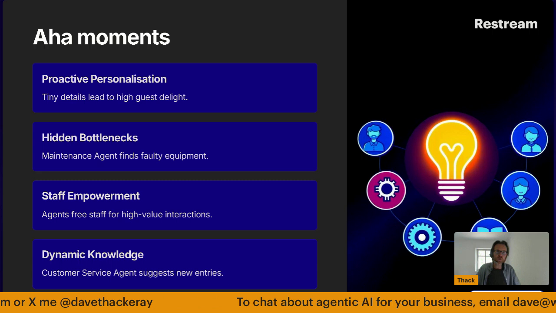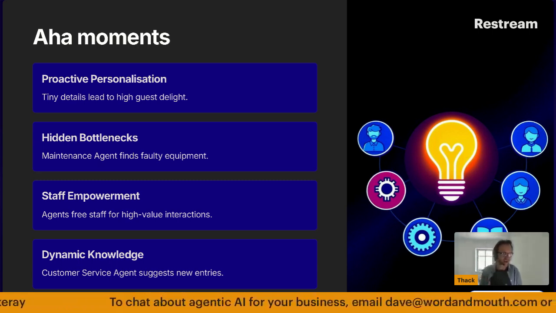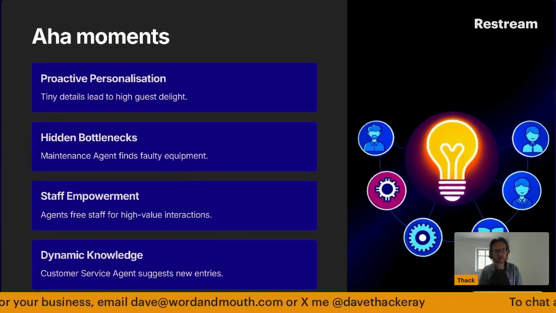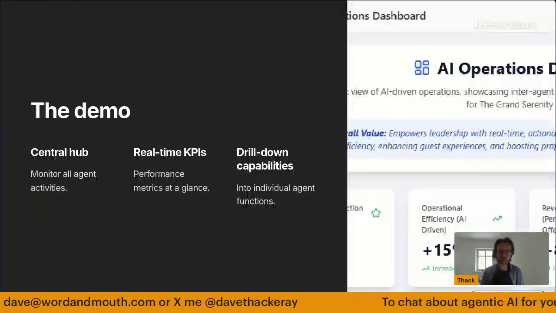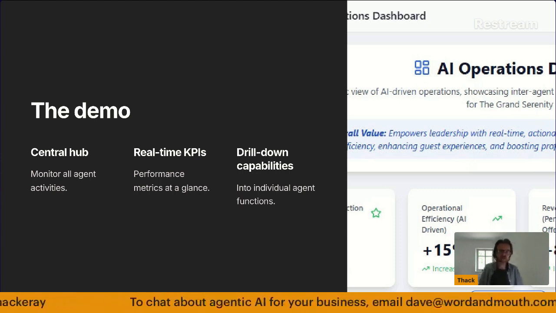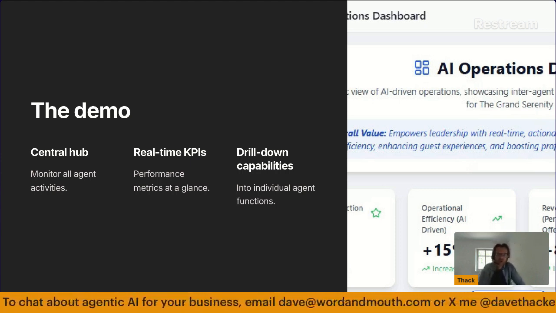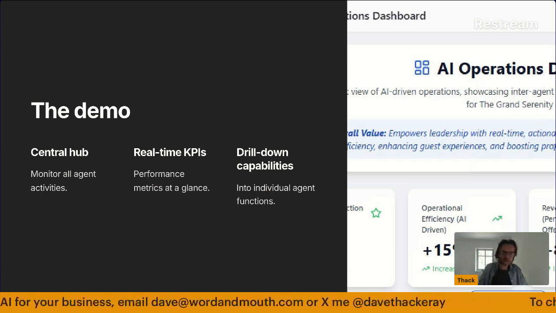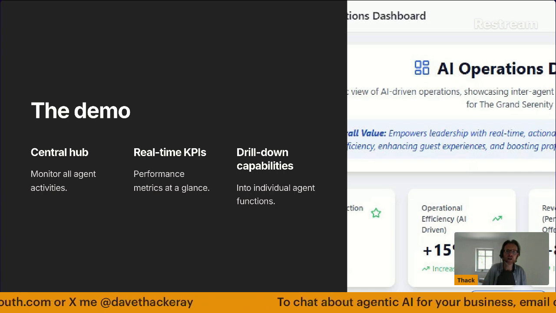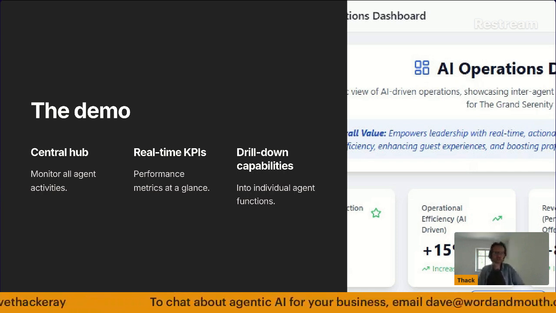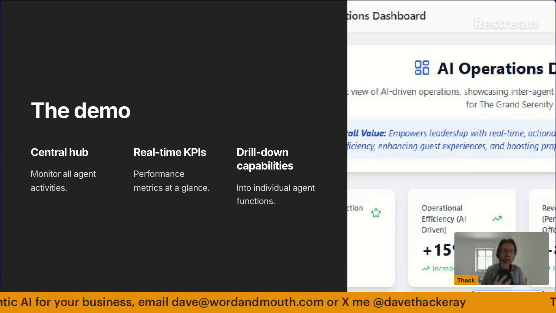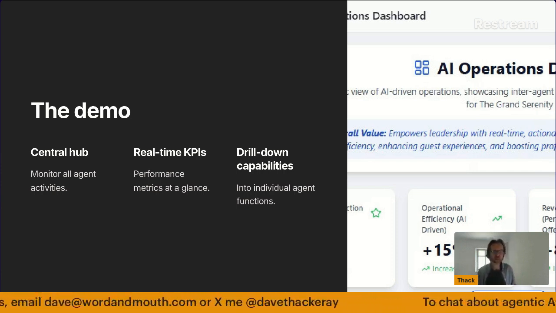And finally, we talked about the knowledge base. AI can answer customer queries and then can propose improvements to the internal knowledge base. Really interesting stuff. So we're finally at the point where I'm just going to give you a quick demo. I'm going to tail off in about 5 minutes and just give you a heads up on the dashboard, which will show you all of the agents working in concert, because this is the important thing about agentic AI.